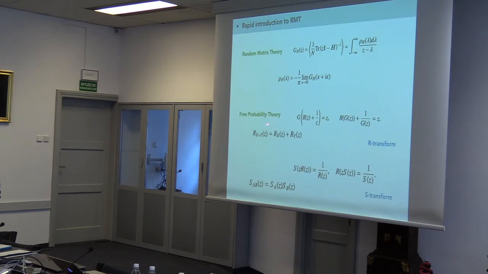We will use free probability theory. For those of you who are not familiar with that, it allows us to answer questions like what is the spectral density of a sum of two mutually free random matrices, and with the S transform here, what is the spectral density for a product of two matrices that are mutually free.